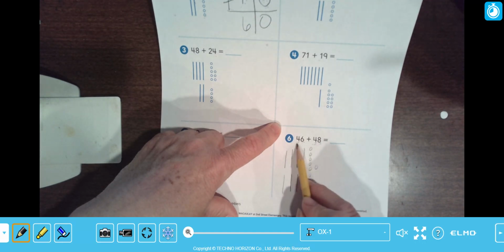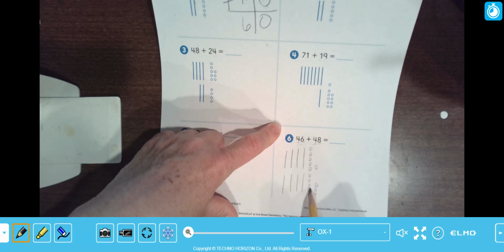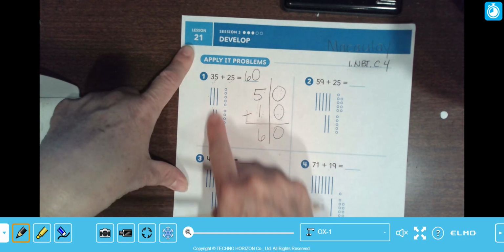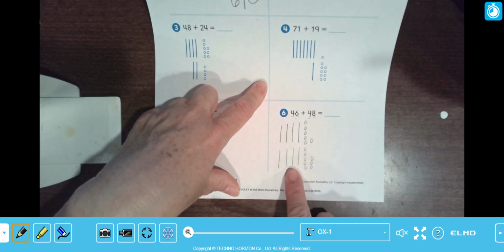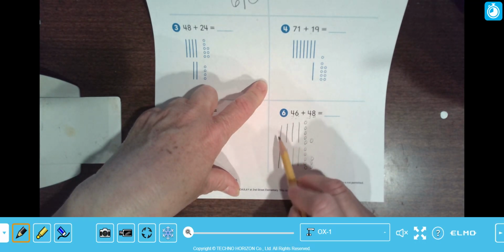Okay, we finished drawing 46 and we finished drawing 48. Here it is, 46 and 48. Now we're going to add them. Where do we start? Do you remember? We started with the tens, right? So that's what we're going to do here. We're going to start with the tens. You ready? We're going to skip count by 10.